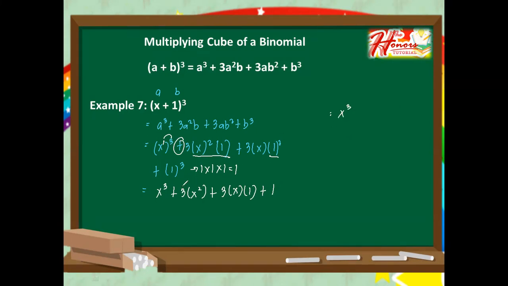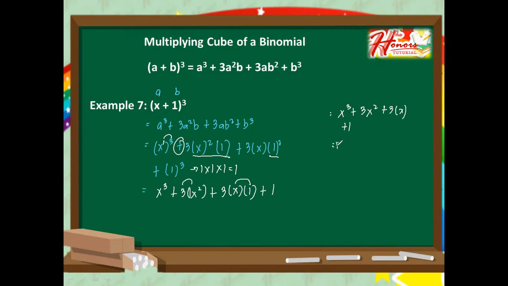And then for the second term, you have to multiply 3 to the numerical coefficient of x, and that is 1. So 3 times 1 is 3, and then copy x squared. And then multiply x times 1, that's 1x. So that is 3 times x plus 1.